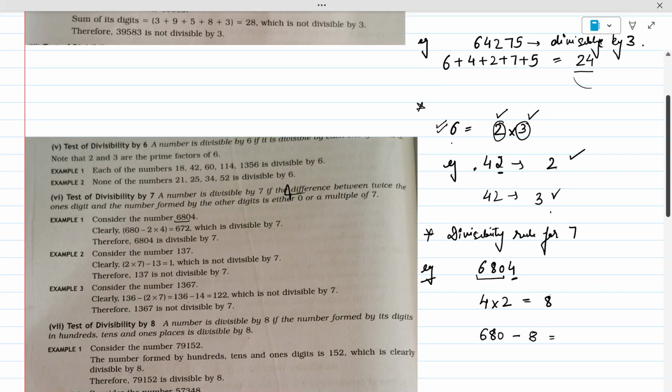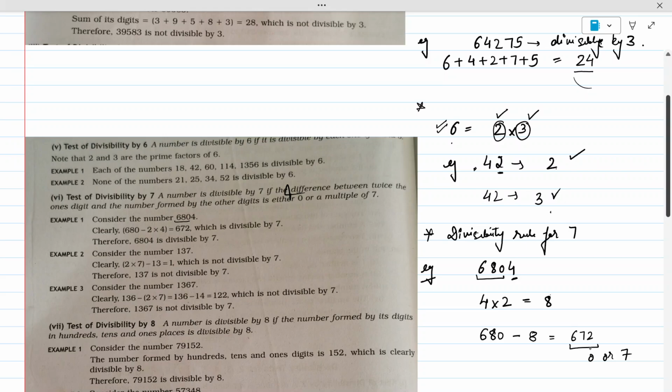Now we find the difference, which gives us 672. If this number is either 0 or divisible by 7, then the complete number will also be divisible by 7.